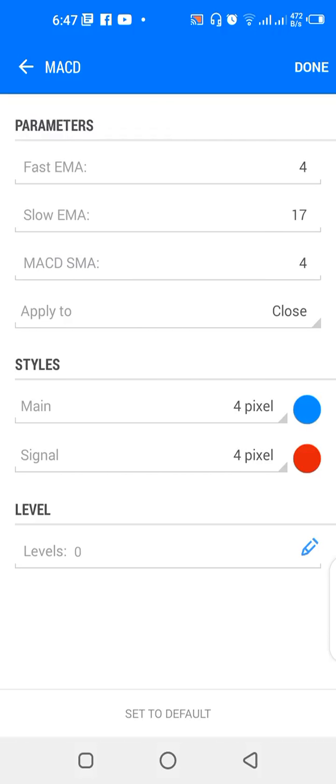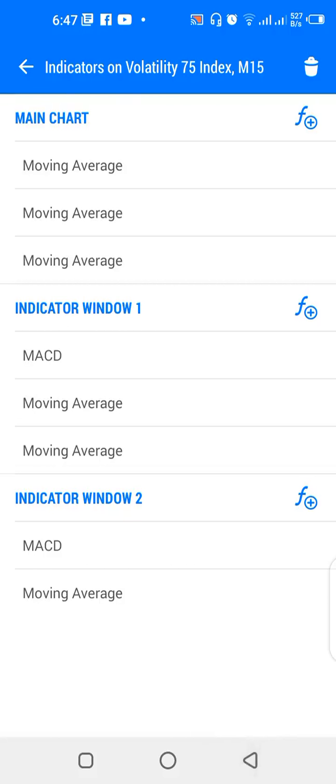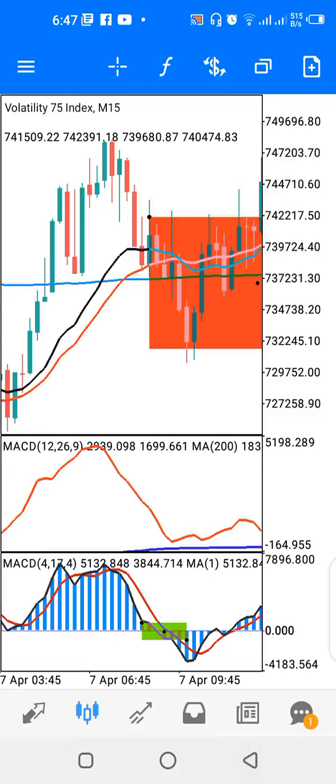Okay, color of the level is blue. All right, then we have moving average. The period is 1, shift is 0, method is linear weight, apply to previous indicators data, and the color is black. So that's that for the parameters of the settings.